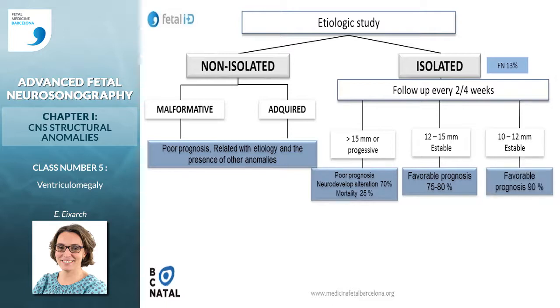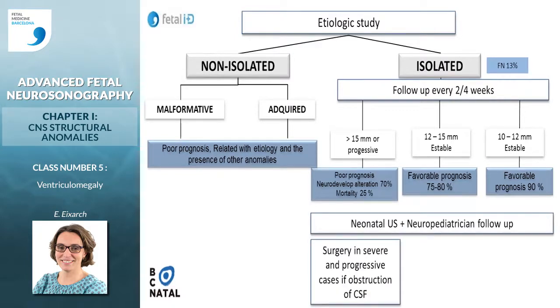And in case it is a mild and stable ventriculomegaly, we'll have a favorable prognosis in 90% of cases. In all these cases, a neonatal ultrasound will be advised, a neuropediatric follow-up, and finally, in severe and progressive cases with obstruction of the cerebrospinal fluid, the necessity of postnatal surgery should be discussed.